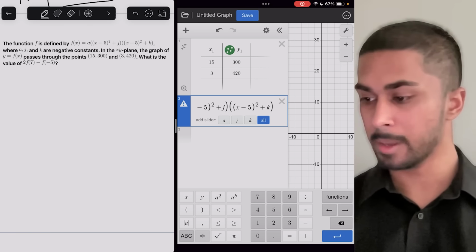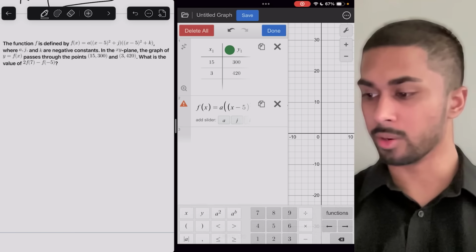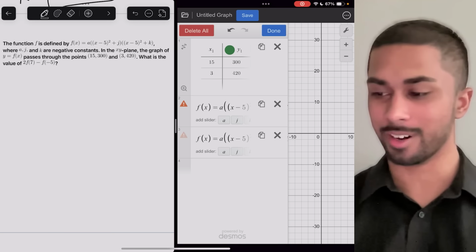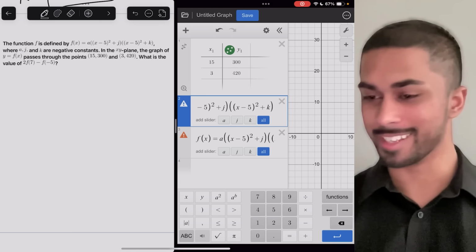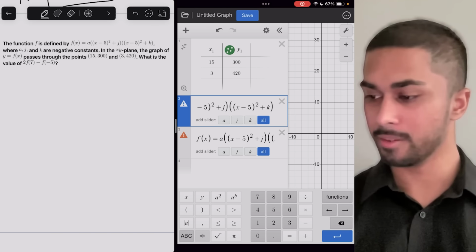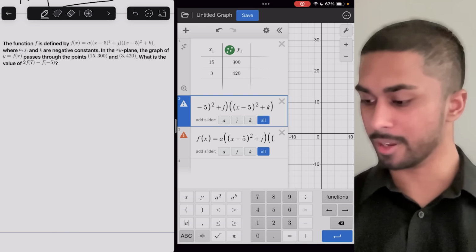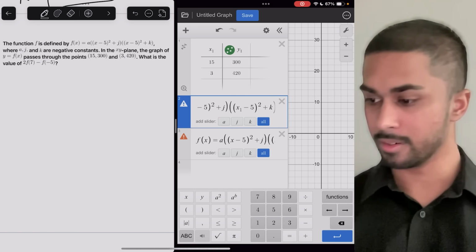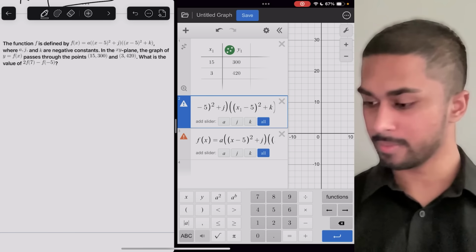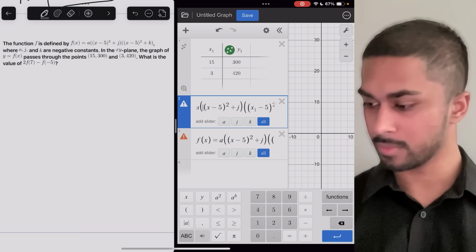Okay, perfect. And now we are going to duplicate this and save it for later. I'm going to show you why in a second. But let's change all of these x's to x1s, just like we did in the beginning with the lists. x1.